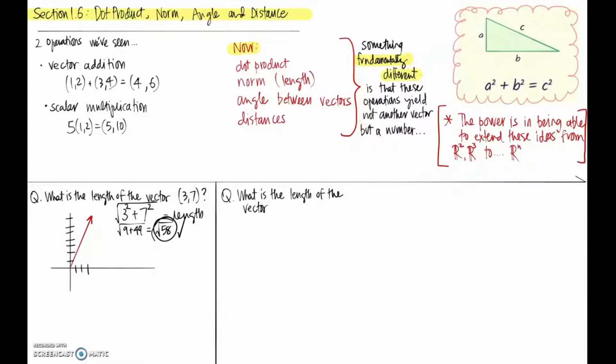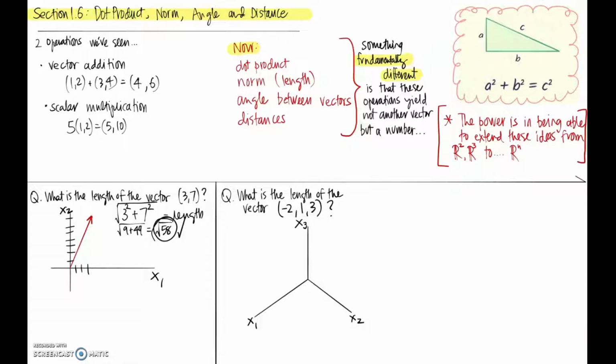So this time let's ask, what is the length of the vector, let's say, -2, 1, 3? We're still in a situation where we can visualize it. It just popped into 3 dimensions instead of 2, but we can still figure this out. So in 3 dimensions, I've got these 3 axes, and then -2, 1, 3.